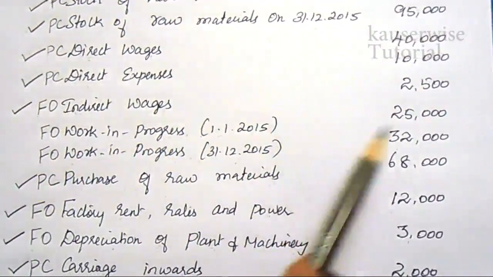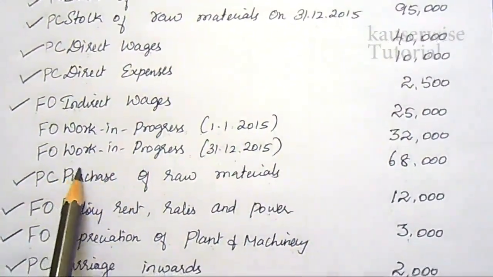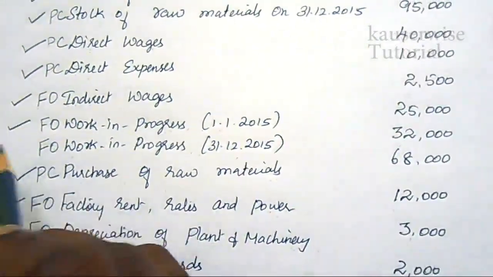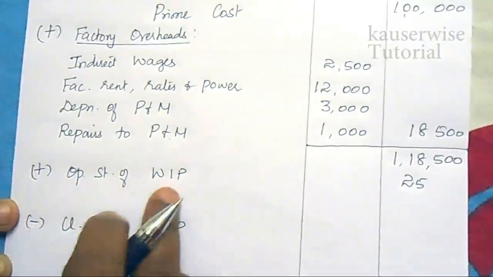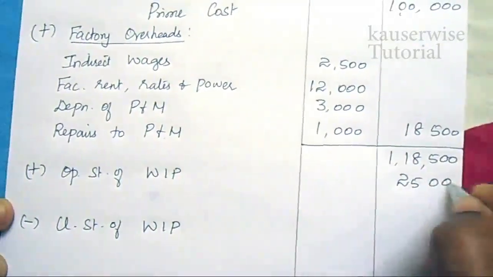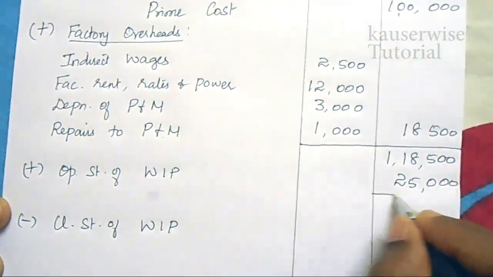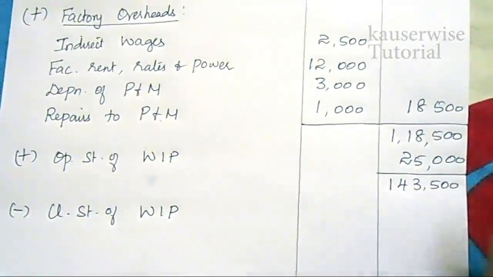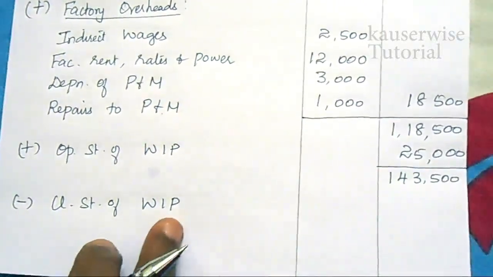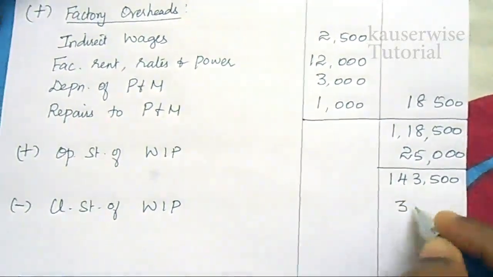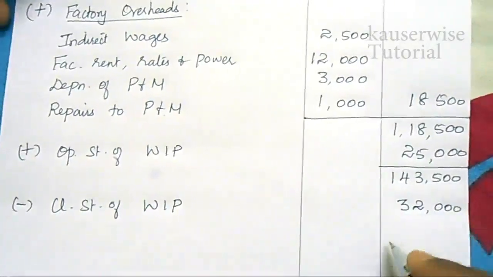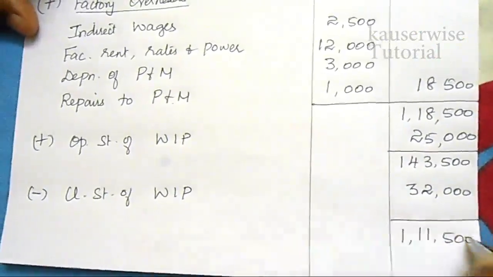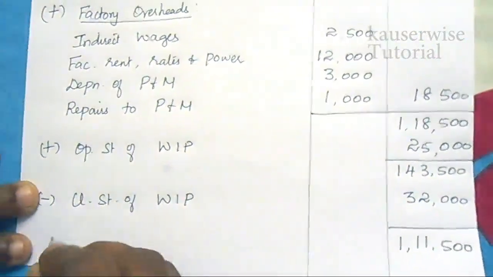Opening stock of work in progress is 25,000 and closing stock of work in progress is 32,000. Add opening stock of work in progress 25,000, you'll be getting 1,43,500, and subtract closing stock of work in progress 32,000. 1,11,500.